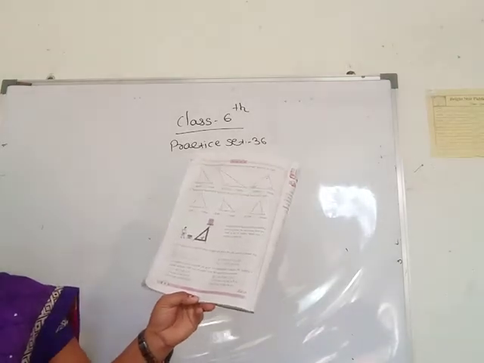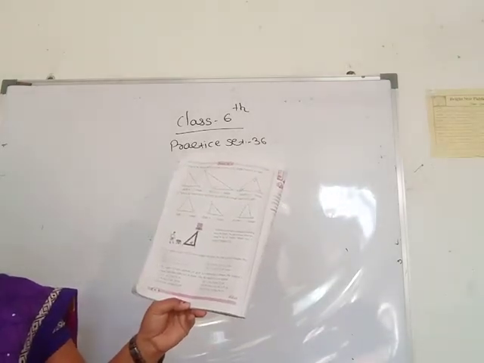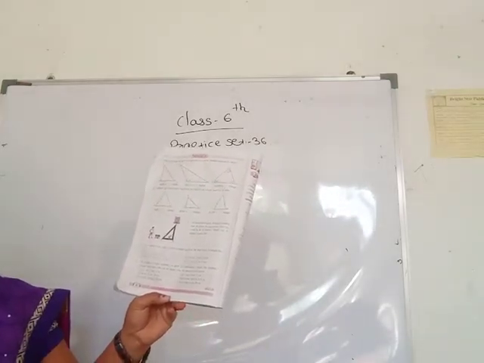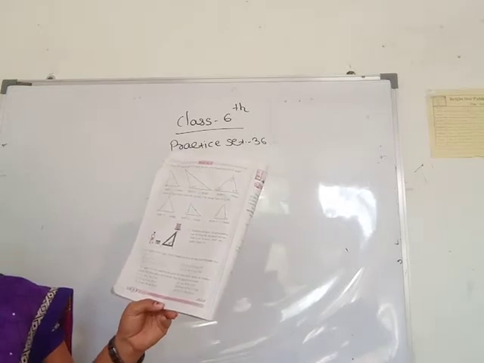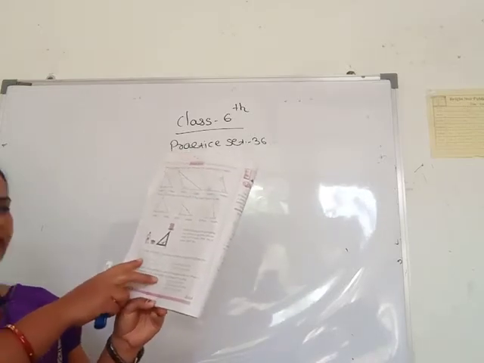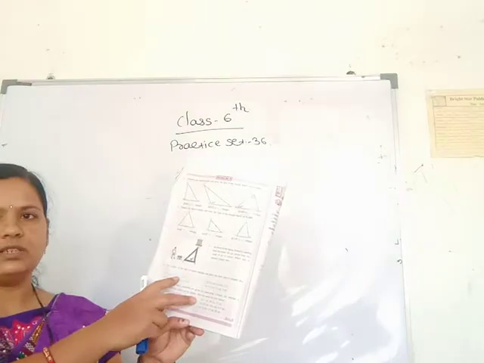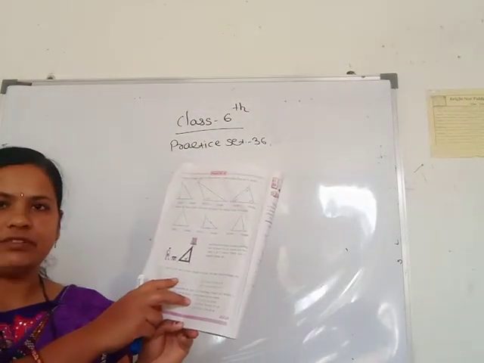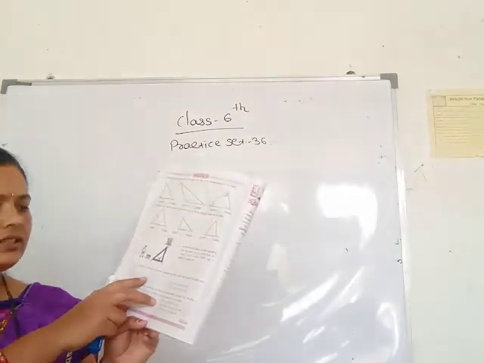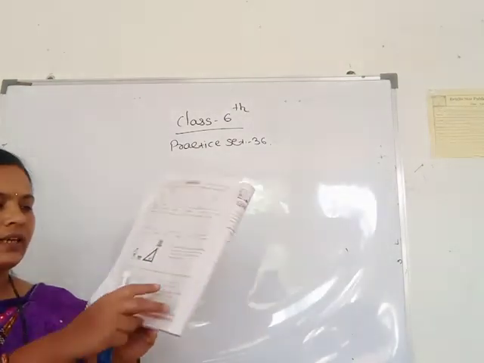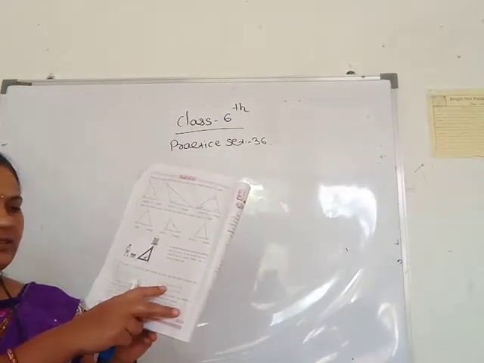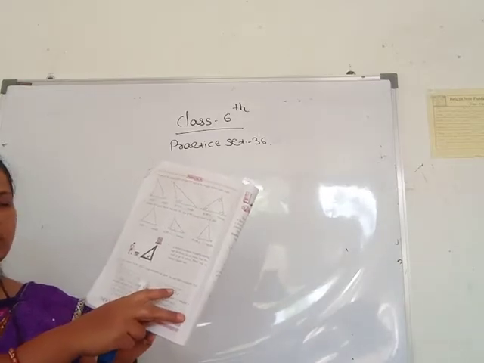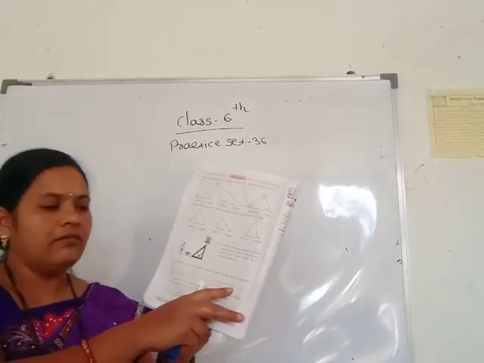Then the fourth question. The lengths of the sides of some triangles are given. Say what type of triangles they are. First one: 3 cm, 4 cm and 5 cm. All three sides are different, therefore this is a scalene triangle. Second: 3.4 cm, 3.4 cm and 5 cm.